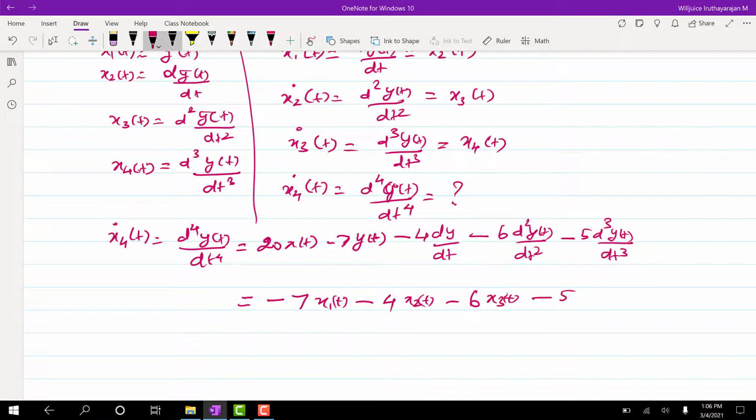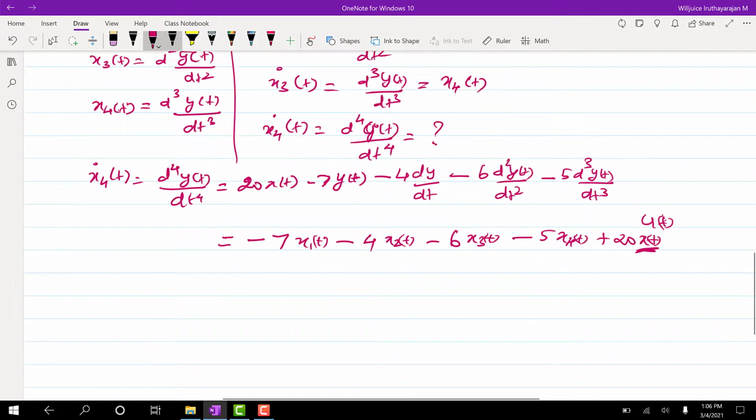Then the third derivative is already chosen as state variable x4 of t, plus 20 into u of t, because this is the input we have chosen as the variable u.